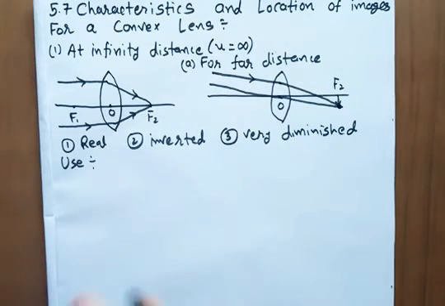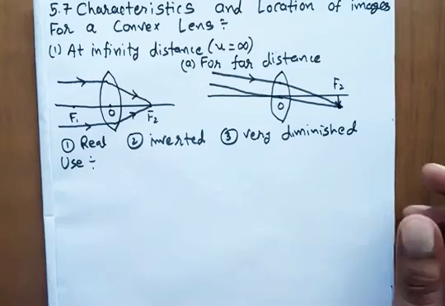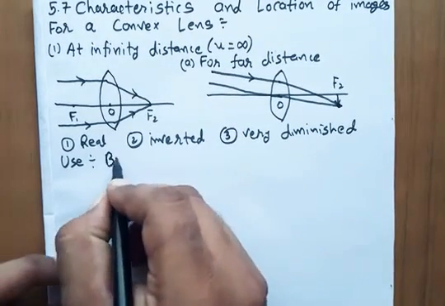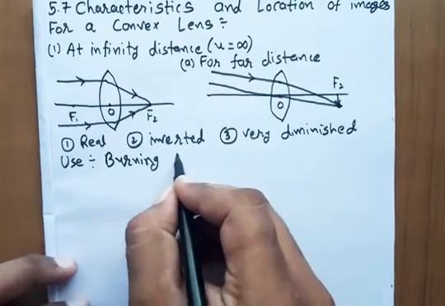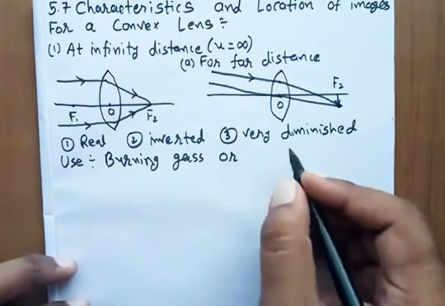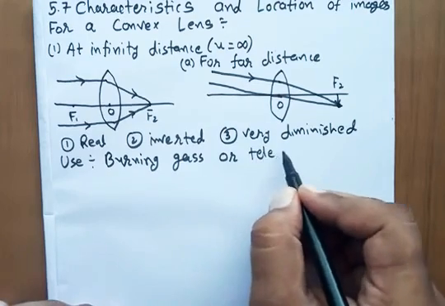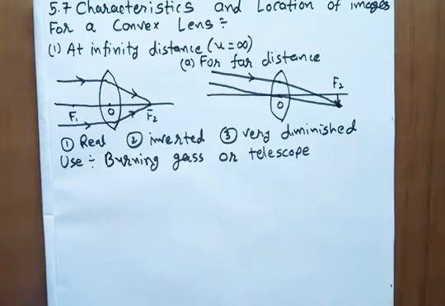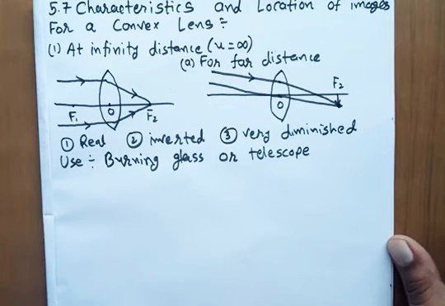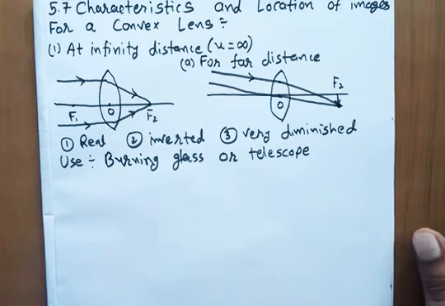Where do we use this classification? We use it in the burning glass, or I can say in the telescope. How do we use it in the burning glass? When we hold a magnifying glass toward the sun, sunlight falls on it, the lights converge and are focused on a point.